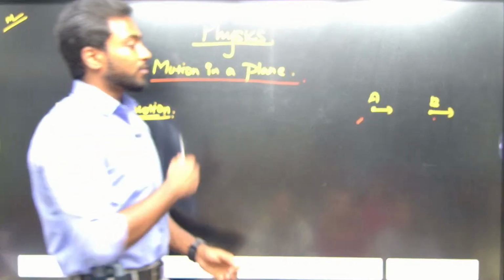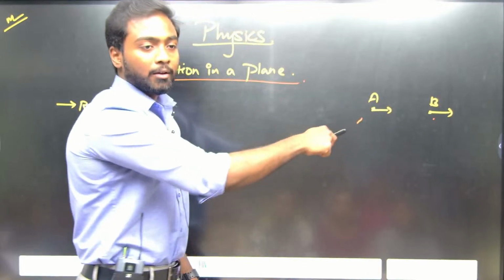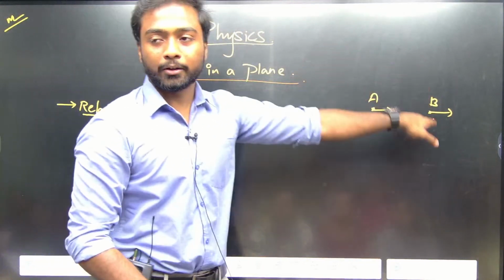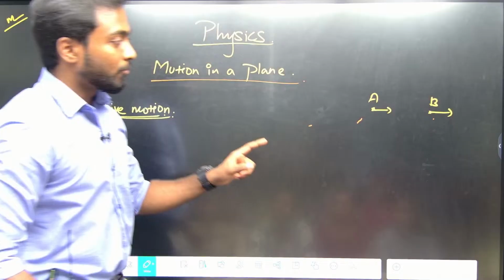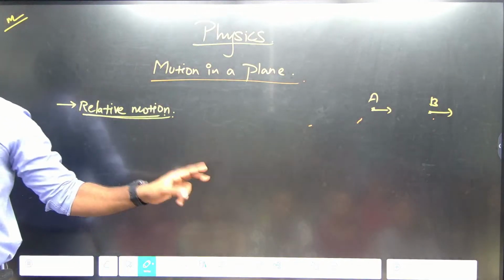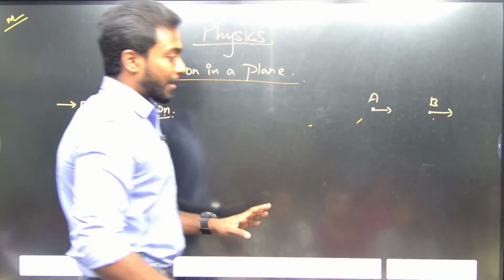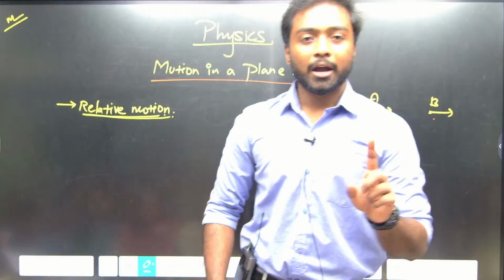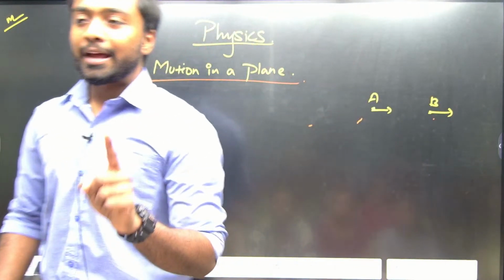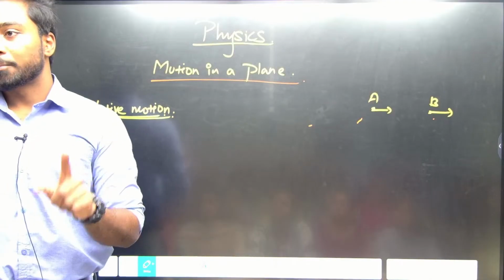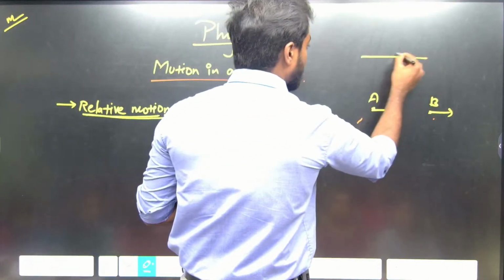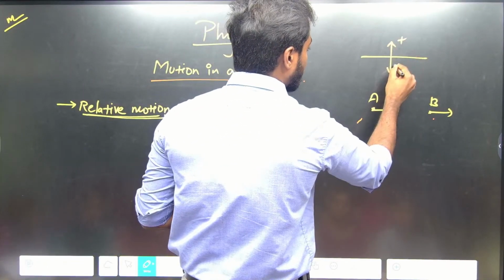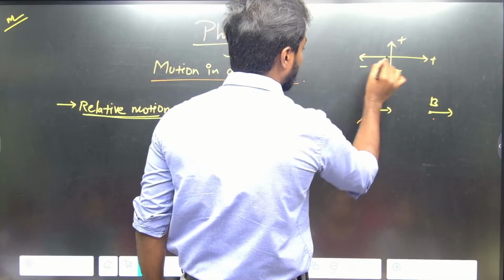Whenever we are talking about relative velocity, relative acceleration or relative displacement, I need to keep in mind the direction of the object. So this direction is plus, and this is minus.